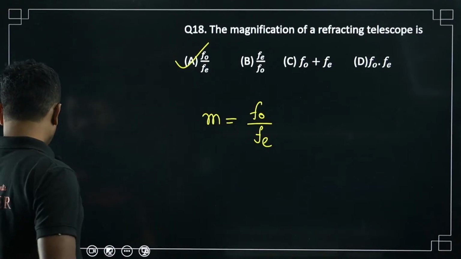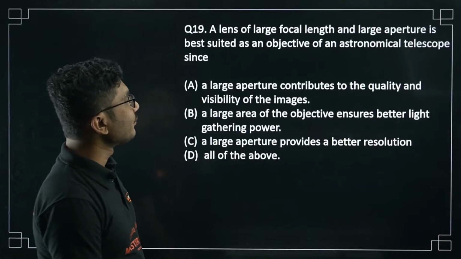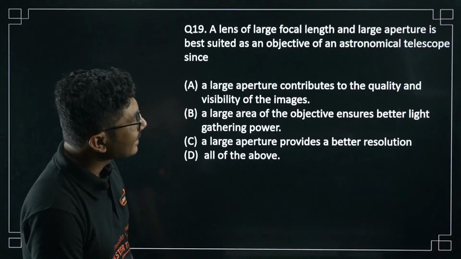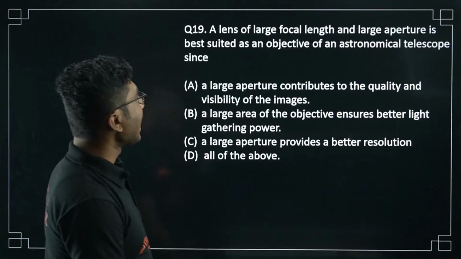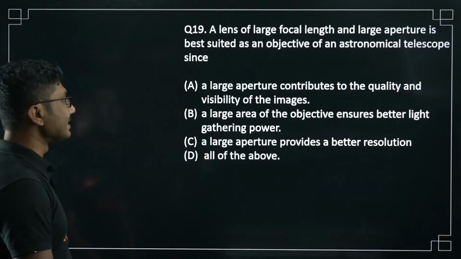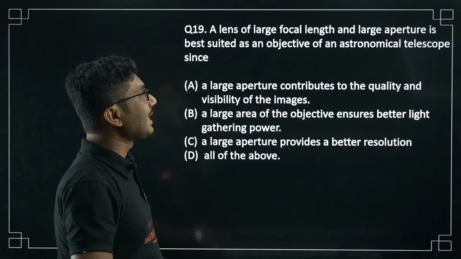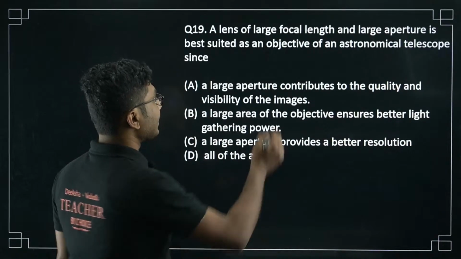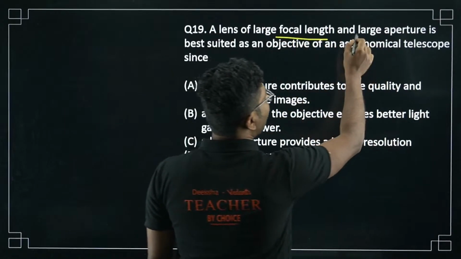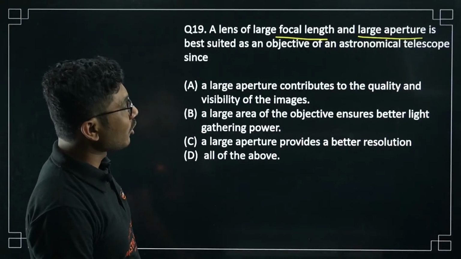Right. Next question, 19. A lens of large focal length and large aperture is best suited as an objective of an astronomical telescope since... So why do we use large focal length and large aperture? Both are large for an astronomical telescope.